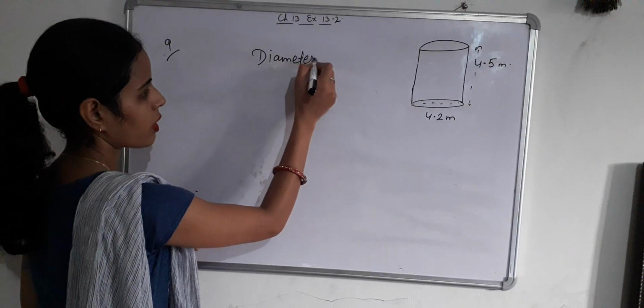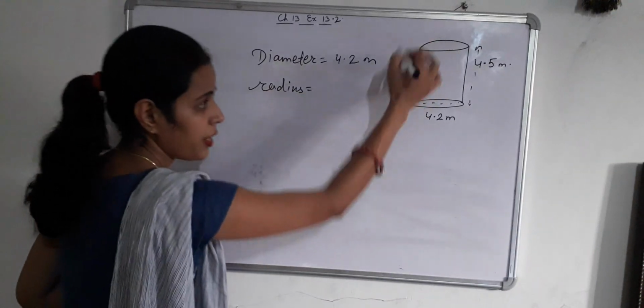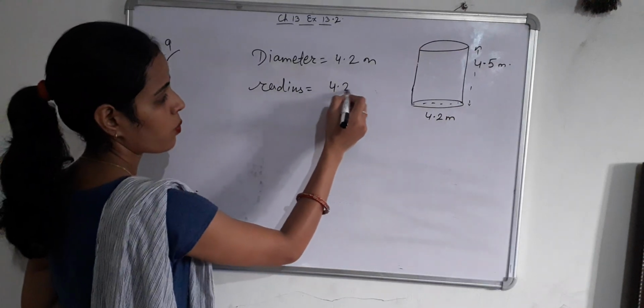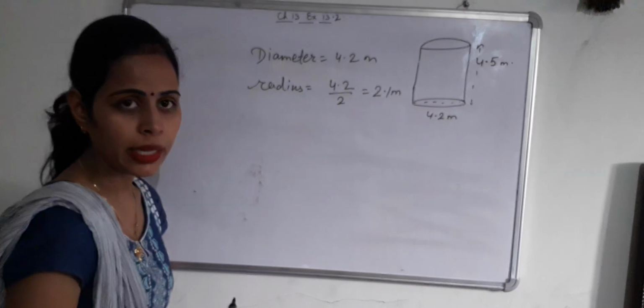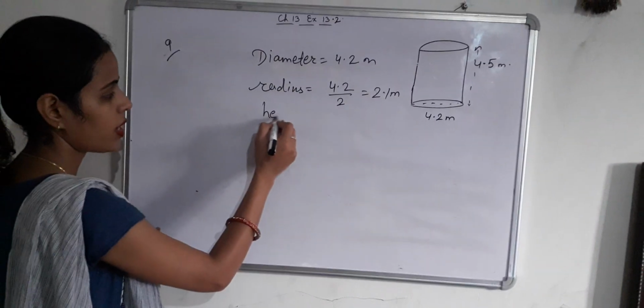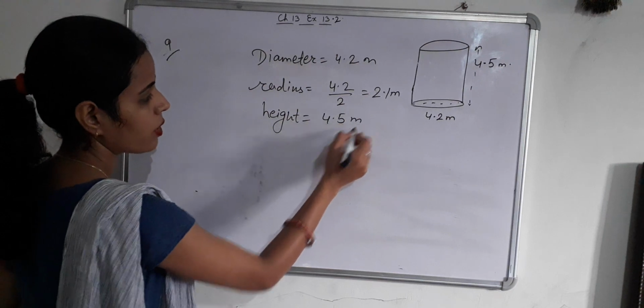Here diameter equals to 4.2 meter. Then we can say that radius of this pipe will be 4.2 upon 2 equals to 2.1 meter. Its height is given 4.5 meter.